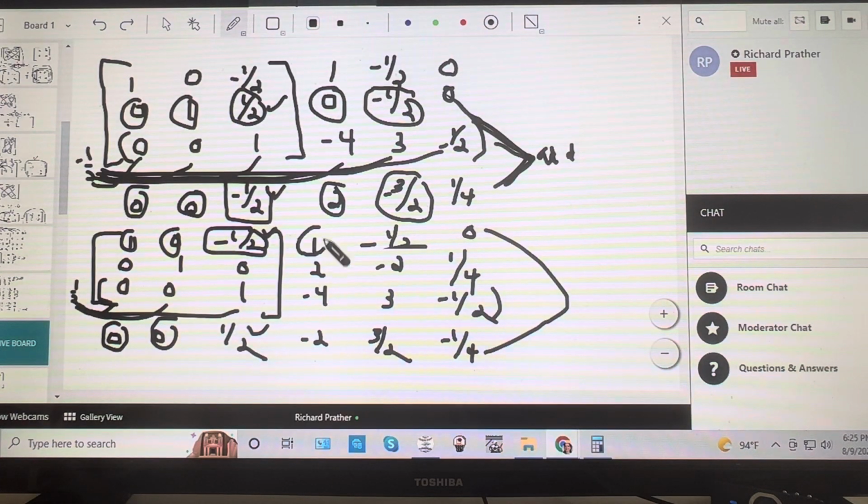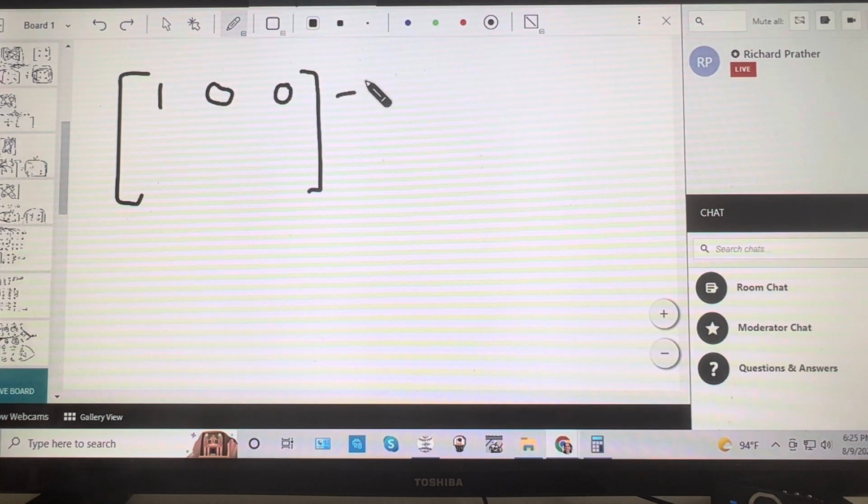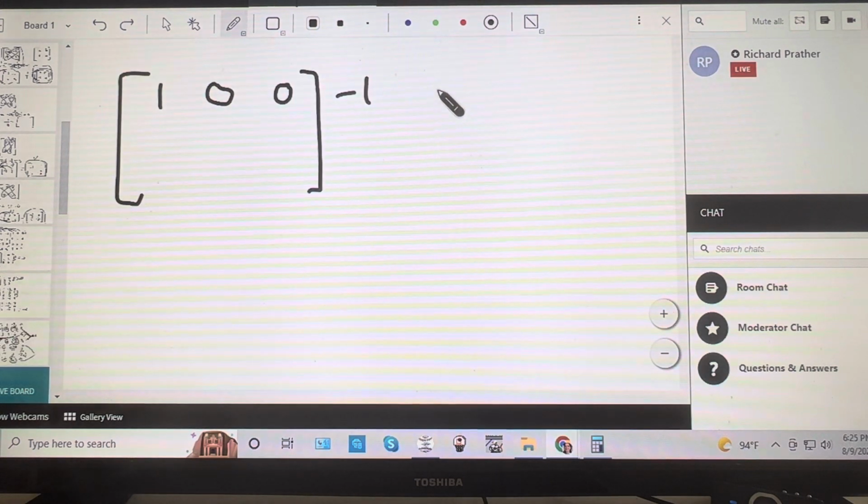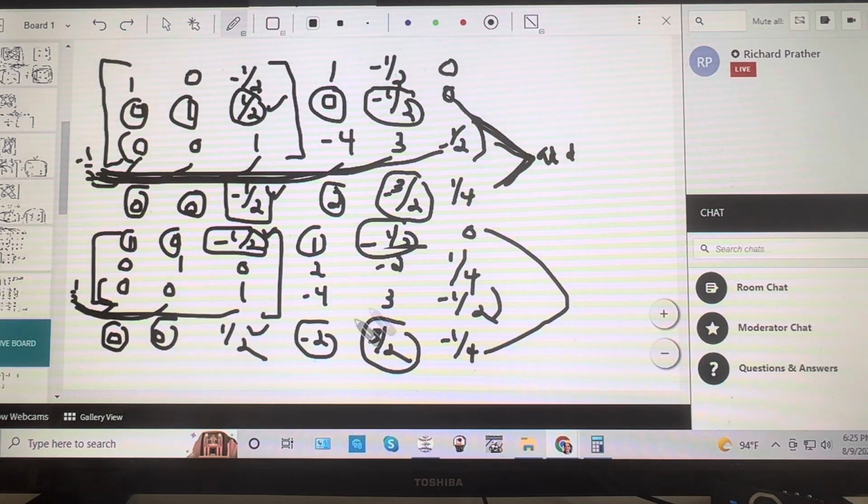So 1 minus 2 is negative 1 for that slot. Negative a half plus 3 halves is 2 halves or 1. 0 plus negative a fourth is negative a fourth.